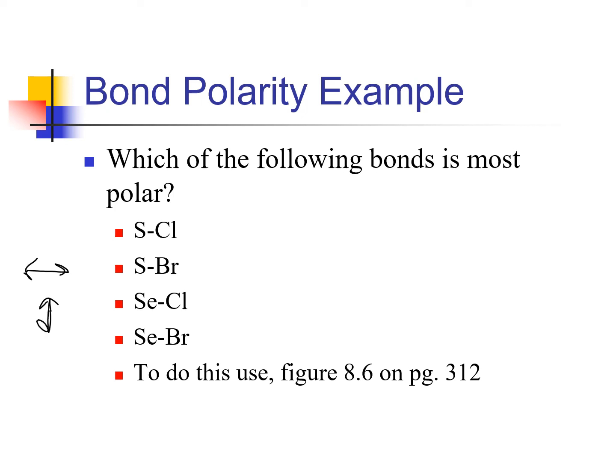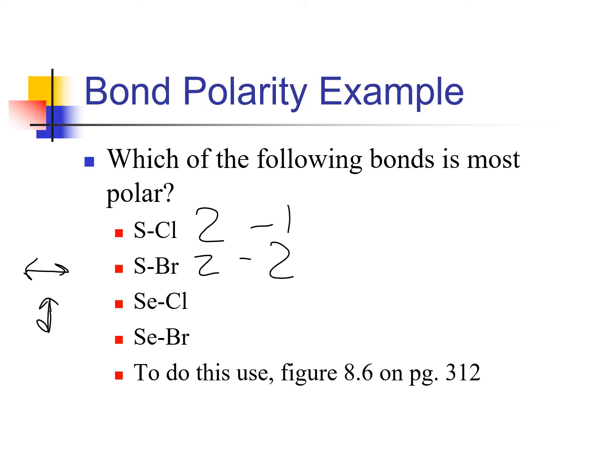So just eyeballing this, sulfur is 2 away because it's down 1 and left 1, and chlorine is 1 away, so there's a bit of a difference there. Sulfur, bromine: sulfur is again 2 away. Bromine is also 2 away because it's down 2.